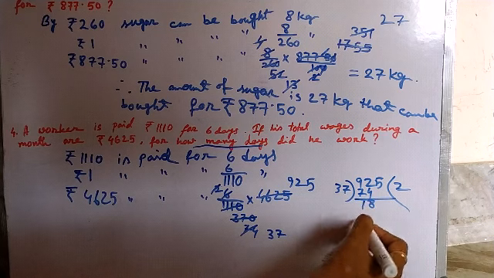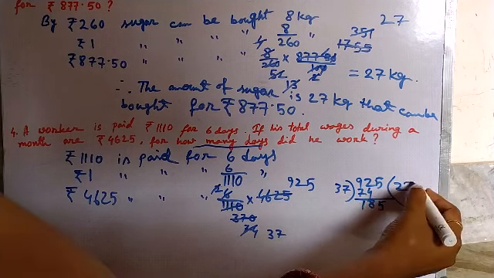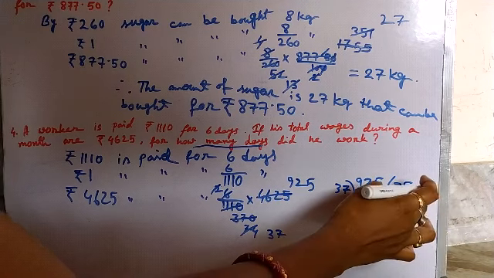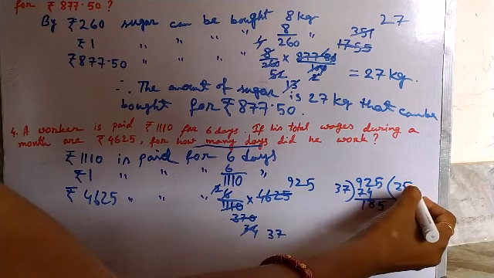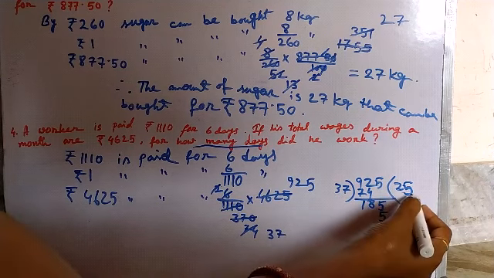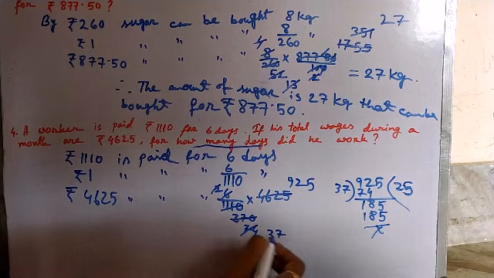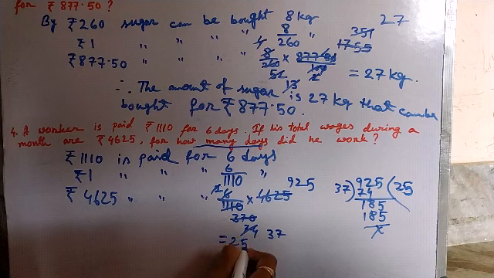Then 7 and this will be gone by 5. 5 7s are 35, 3 carry, 5 3s are 15 plus 3, that means 18. So 25 days.